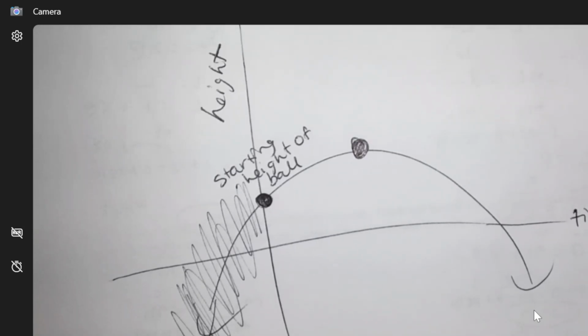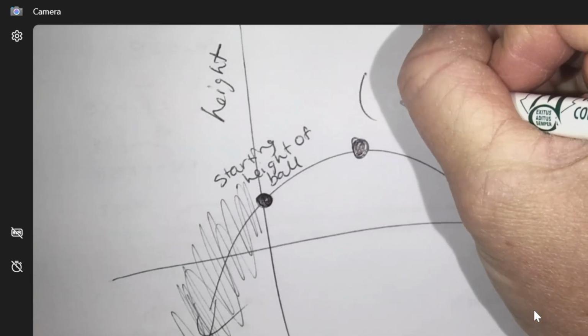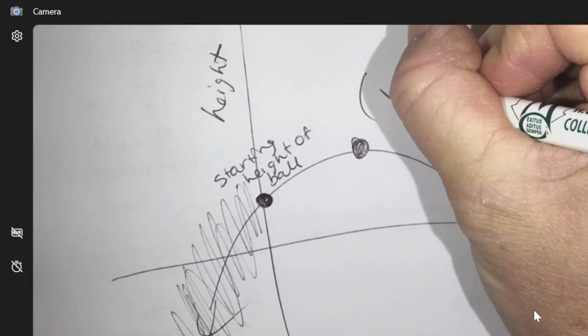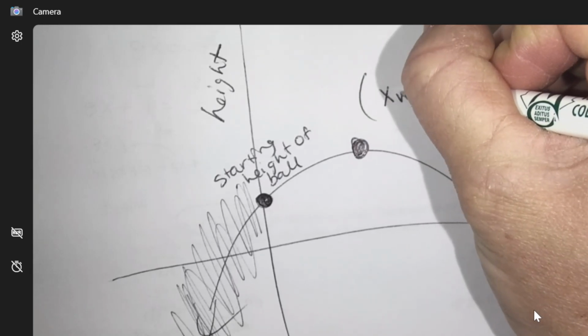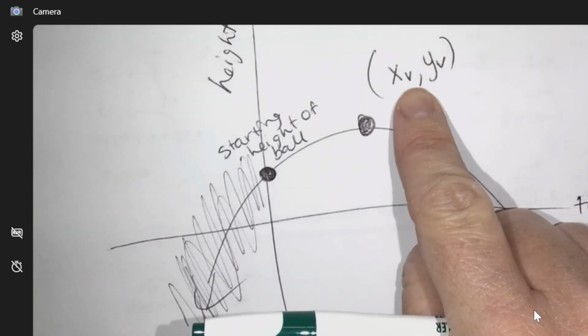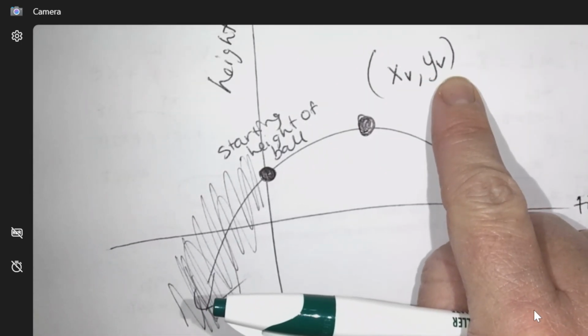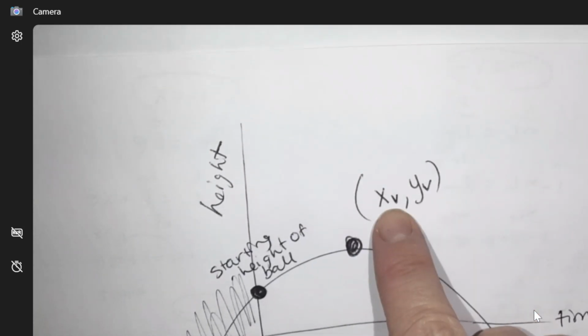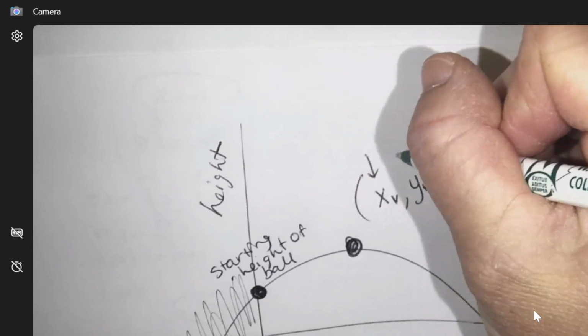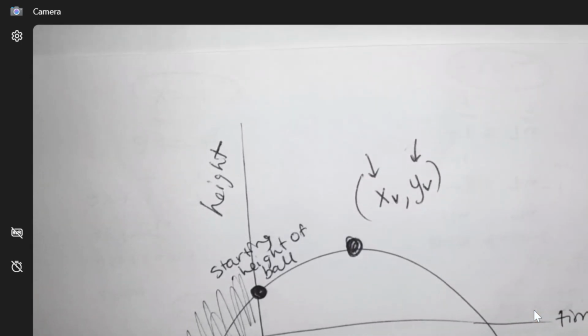Then eventually that ball will get to a maximum. So you're going to have an x value of the vertex, and you're going to have a y value for the vertex. I put this little v there because it's of the vertex. So what's this x value?